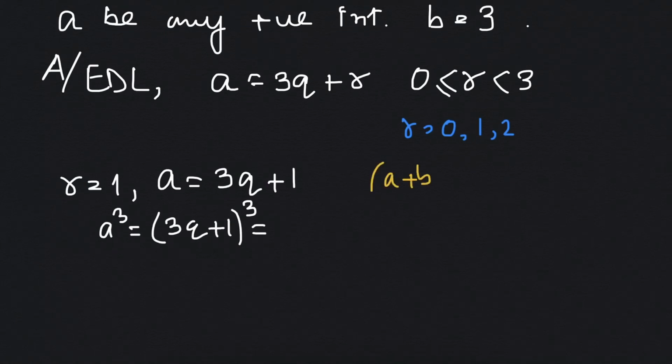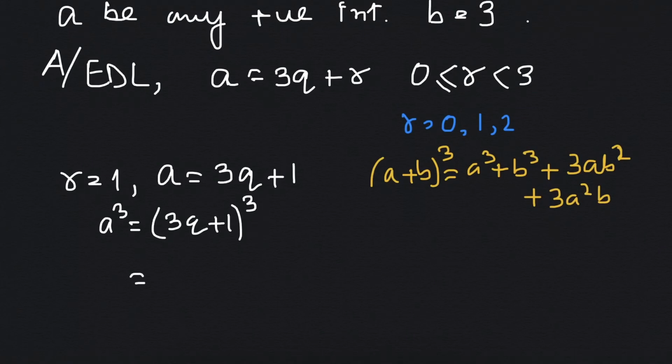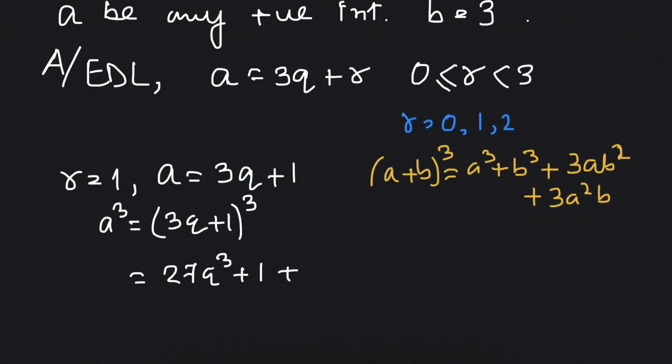Using (a plus b) whole cube is equal to a cube plus b cube plus 3ab square plus 3a square b, we get 27 q cube plus 1 plus 9q plus 27 q square.